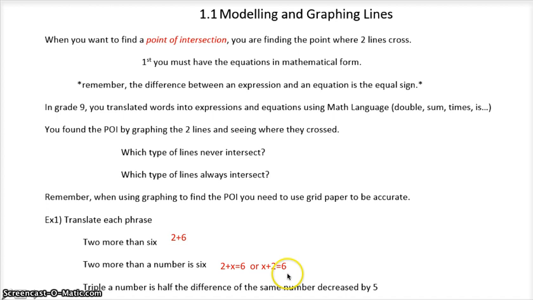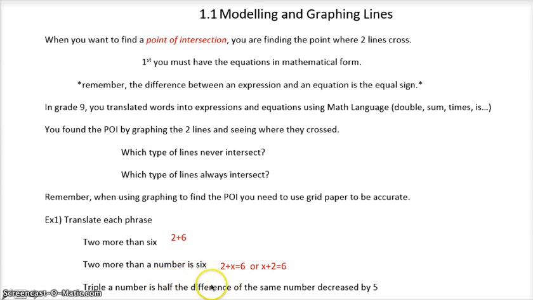And finally, triple a number is half the difference of the same number decreased by 5. So break it down. Triple a number is, so now you're going to have the equal sign, half the difference, so now we're going to be subtracting.